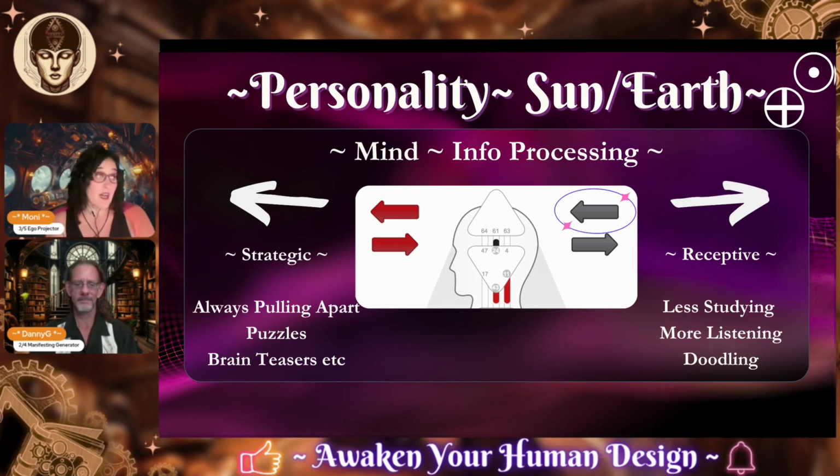And you might like puzzles and brain teasers, and you kind of need to keep the mind busy with little puzzles and things. On the flip side, you have the right arrow, which is more of a receptive mind, more like a sponge, and it's less studying and pulling things apart, and it's more just kind of listening and taking them in, maybe while you're doodling or not fully focused in on something, you're just kind of taking it in peripherally.